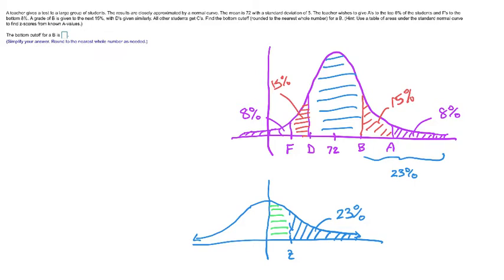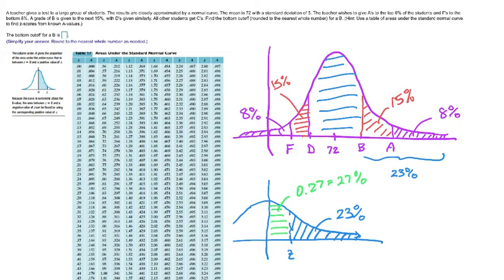And so that means that our area in between the y-axis and the z-value is going to be 0.27 or 27%.